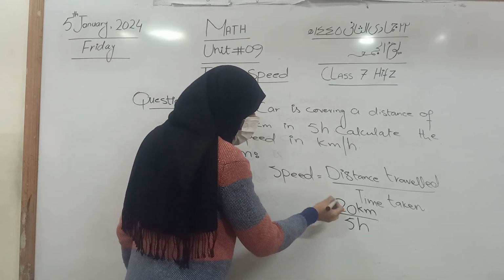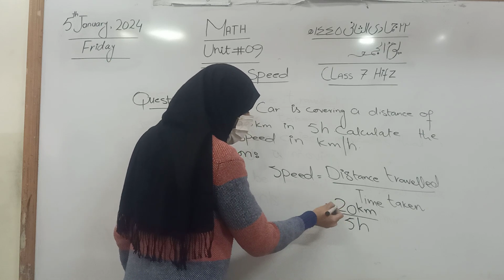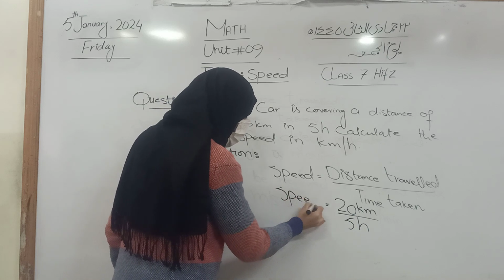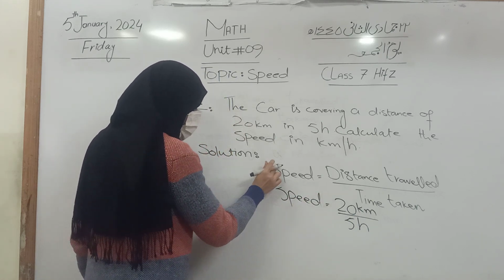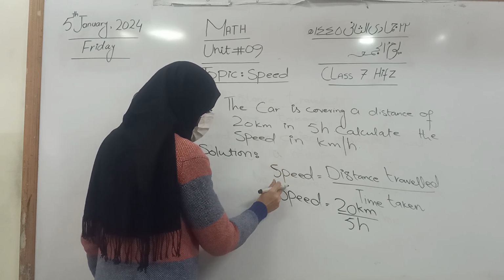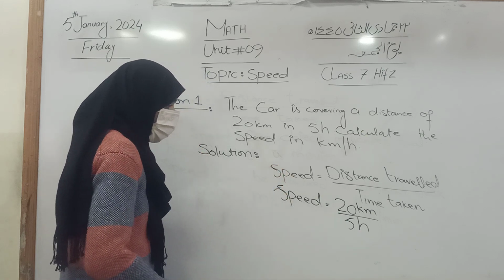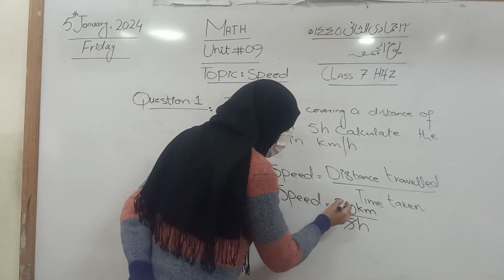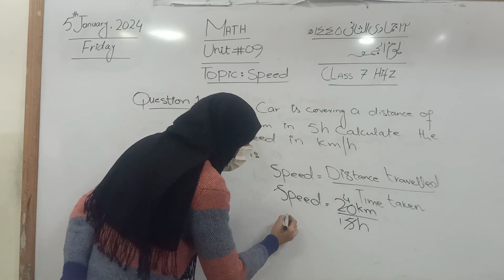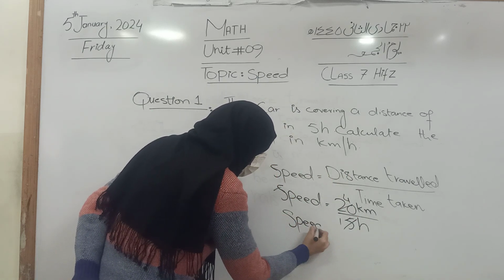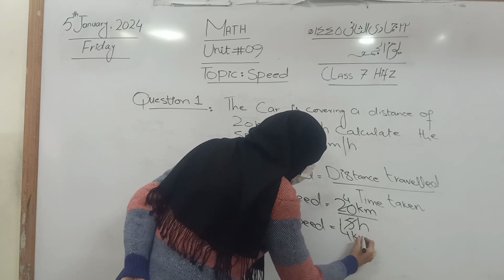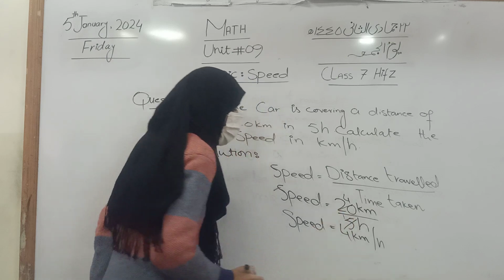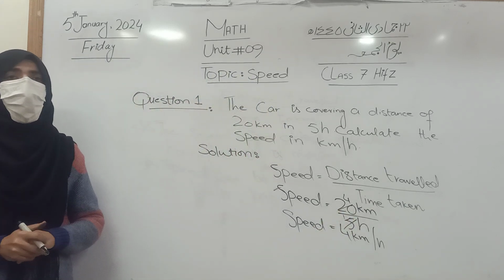After dividing these values, I will get the answer of speed. Okay, class. Now, what will be the speed? 5 1s are 5, I will cut the values. 5 4s are 20. It means speed will be equal to 4 kilometers per hour. Yes, it is clear to all of you.